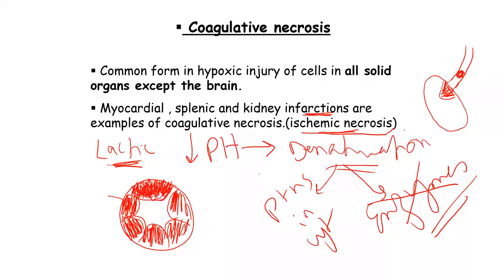So in coagulative necrosis, the necrotic cells take the shape of the previous structure that they were forming, and they become more eosinophilic. The nuclei are lost or have disappeared, or show karyorrhexis or pyknosis, fine. And these necrotic cells will give a solidified appearance in the gross picture.